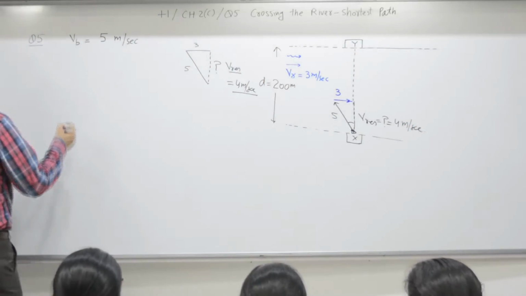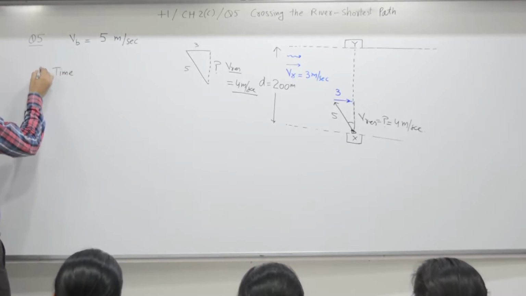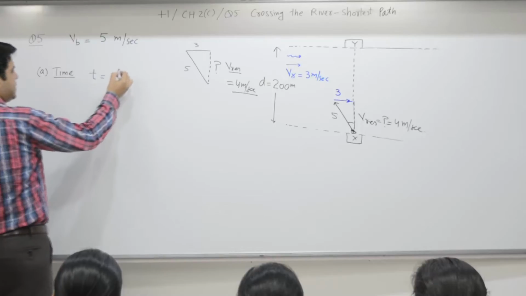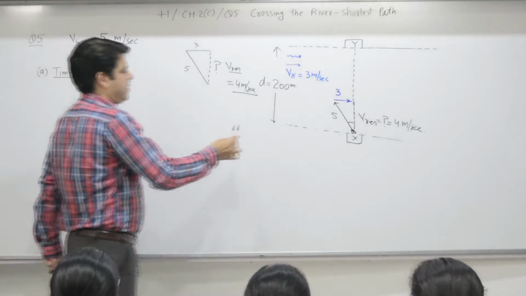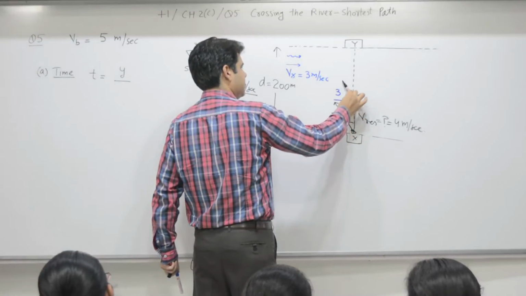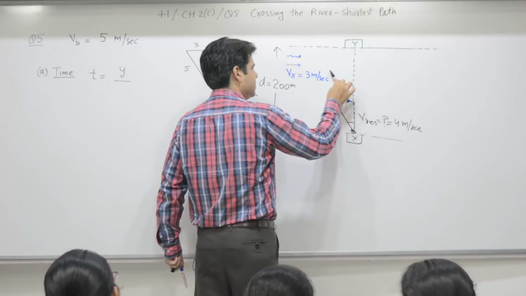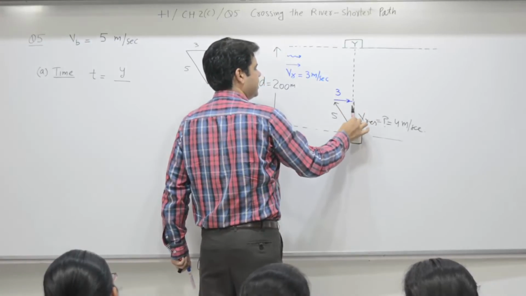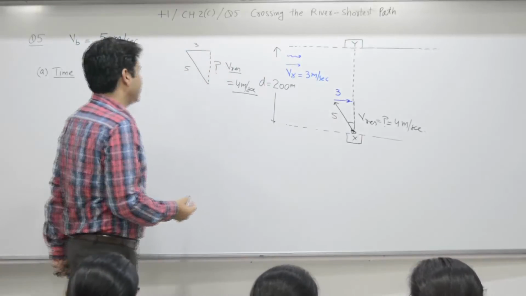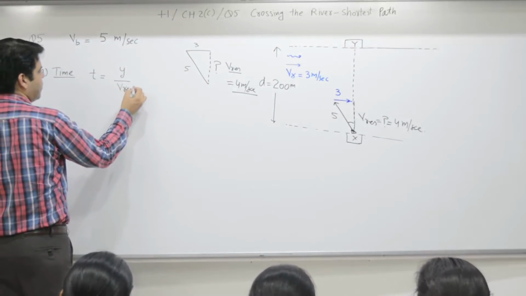Again, we want to find out time. That is the first part. Time taken is equal to displacement along y. In this case, the boat will move like this. It will try to move along this, and the river will take it to the right, so that the resultant is along this line. So it will reach from x to y, y divided by resultant value.